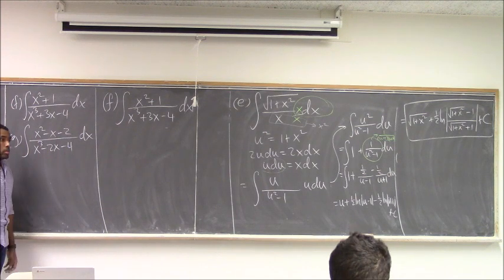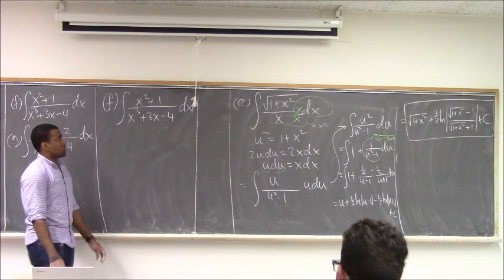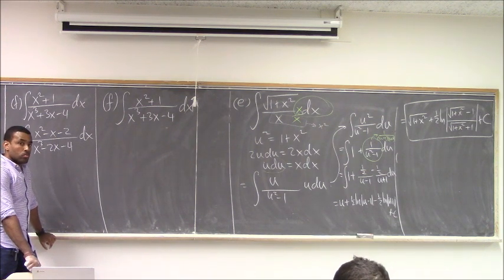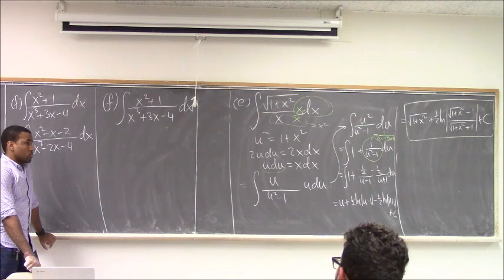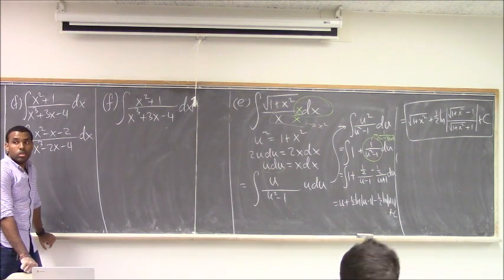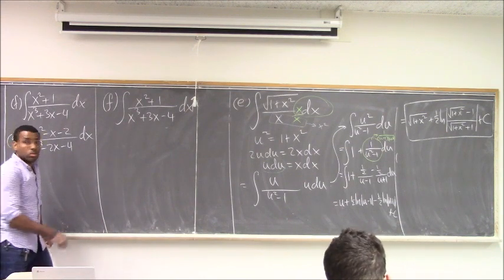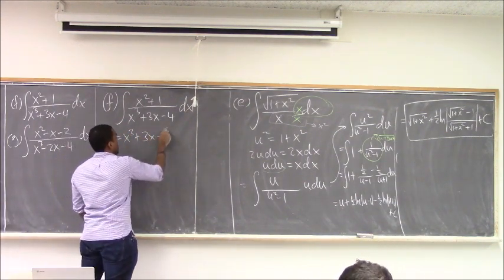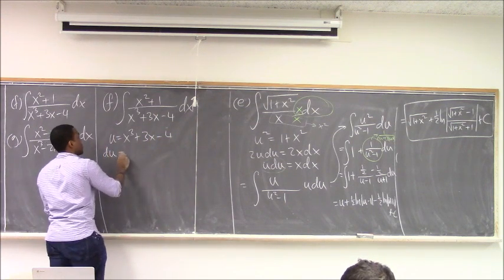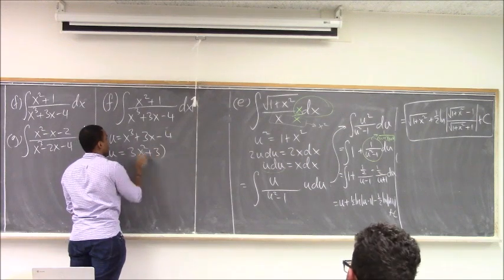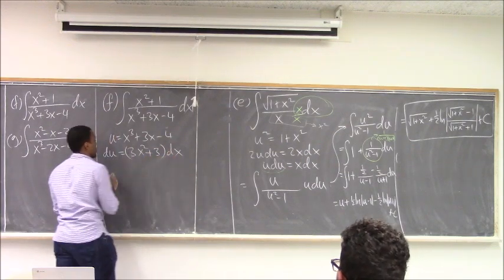Okay, ideas. You could do u substitution. What would you substitute? u would be the denominator. Your du is going to be 3x squared plus 3 dx, and then you can factor out a 3 from du.